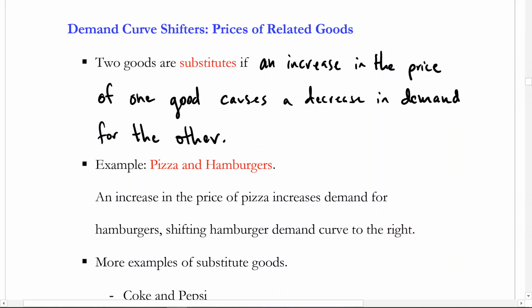Okay, so an example here, pizza and hamburgers. Things that we can think of as being substitutable for each other.